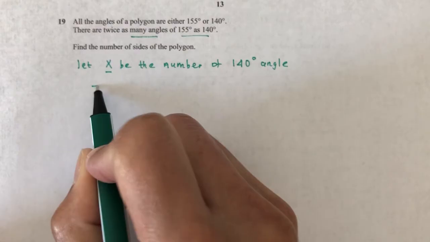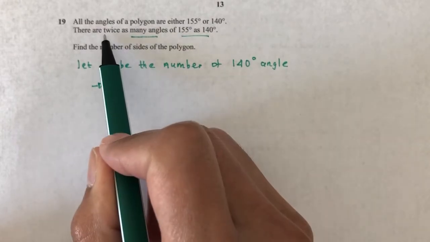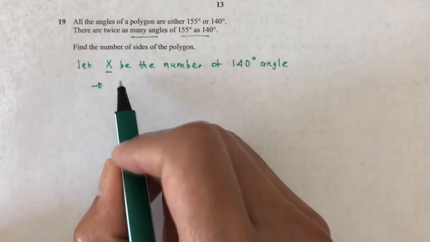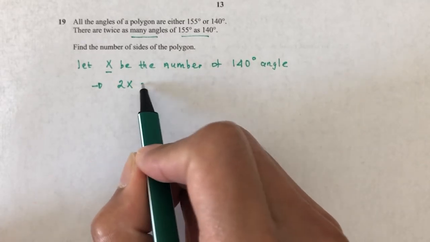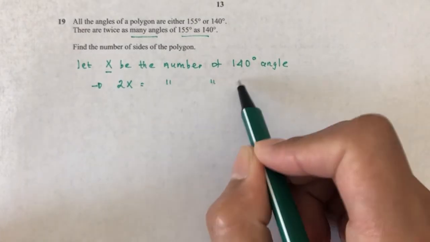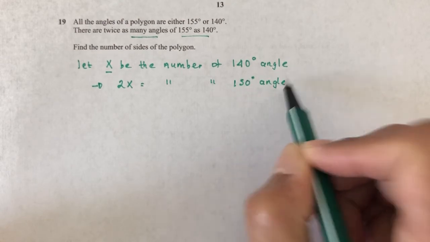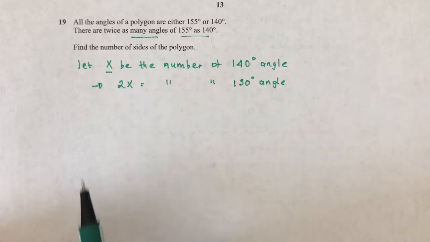So from this we get, since there's twice as many of 155, it means that 2x will be the number of the 155 angles. So in total, how many angles do we have?